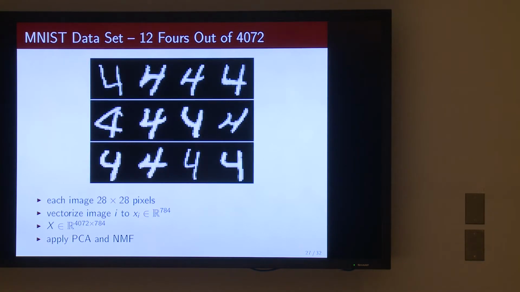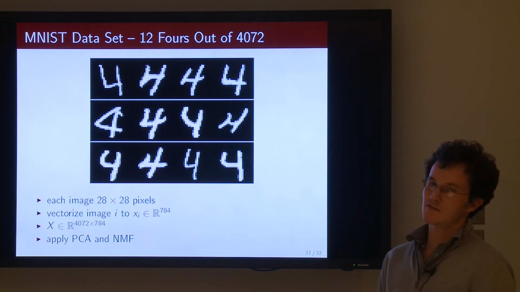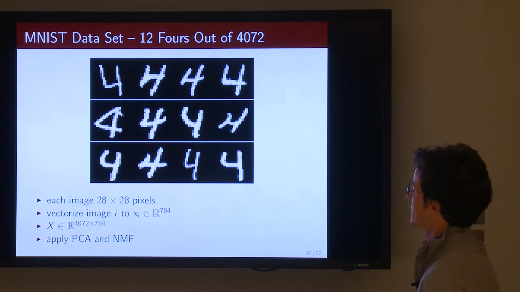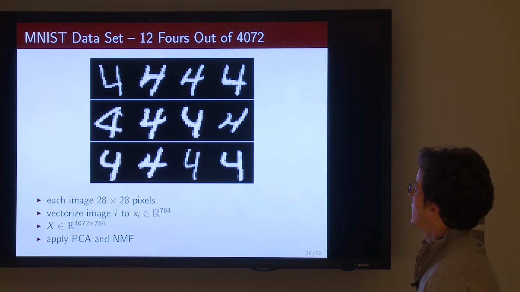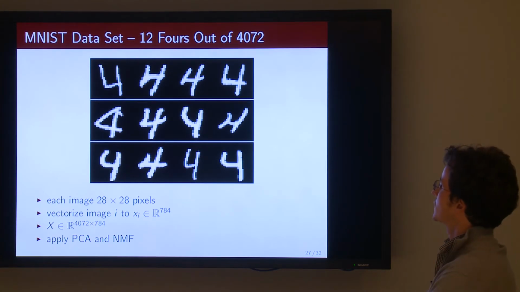Right, so here is a little demonstration of this on some non-astronomical data. MNIST is a famous data set for handwriting recognition. In my version there are maybe 40,000 or so digits, and each digit is a 28 by 28 image in grayscale.